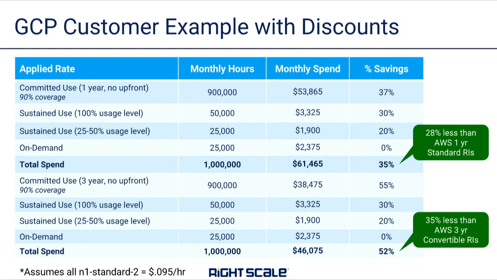Here's what that looks like on Google. 35% on the 1-year, which represents 28% better savings than the AWS 1-year standard RI approach in this example. And then on 3-year, 52% savings, which represents a 35% improvement over AWS 3-year convertibles.